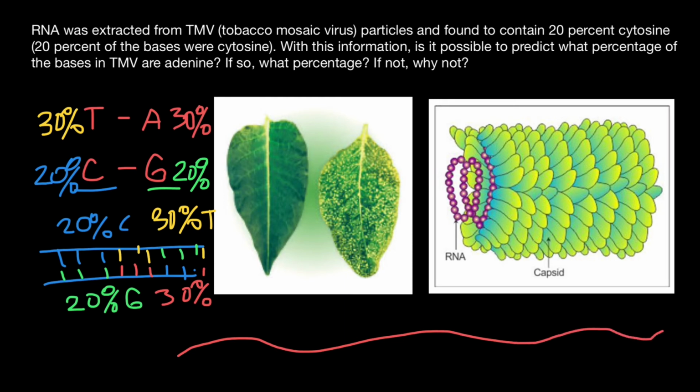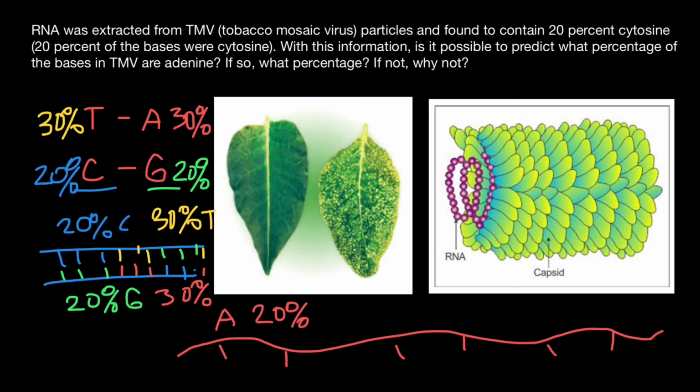Imagine that this is RNA, and it is single-stranded, and here we may have different bases. For example, it can be adenine, and adenine would account for 20%. But that doesn't mean that the rest is going to be the same as in DNA.